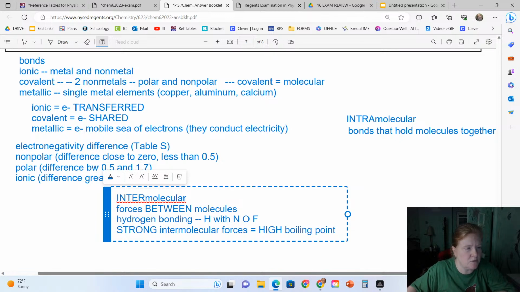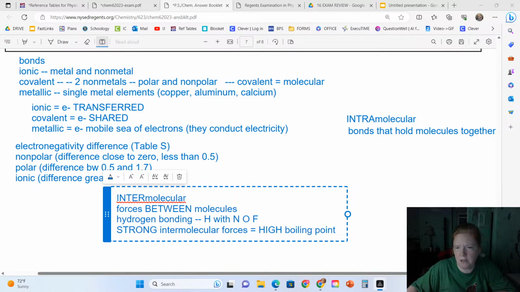Okay, I can definitely do that. I'm going to go back up here. Let's see, I did this one. Balancing, double replacement. Yes, I missed this question before. I teach regular Regents Chemistry, not honors chemistry.